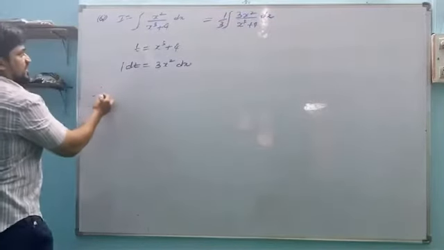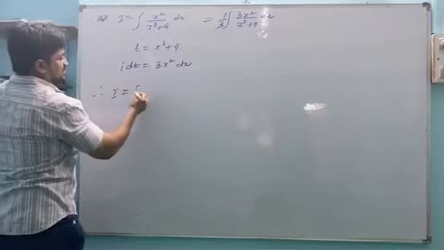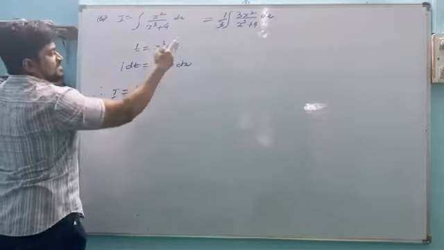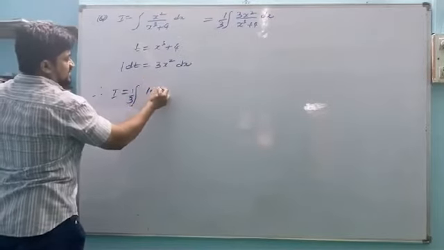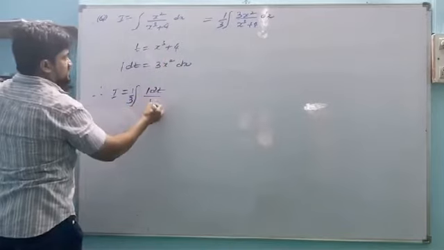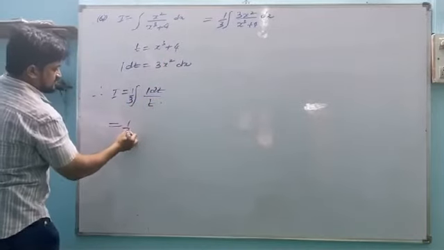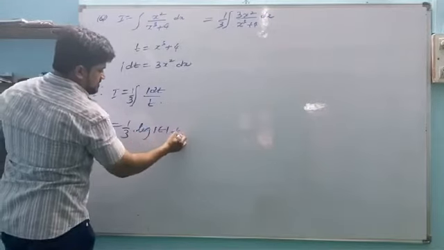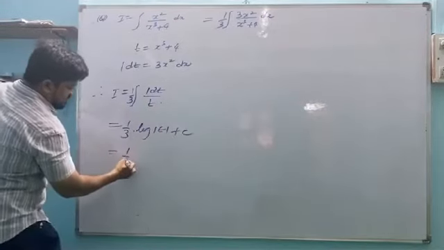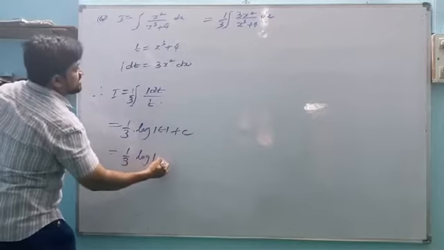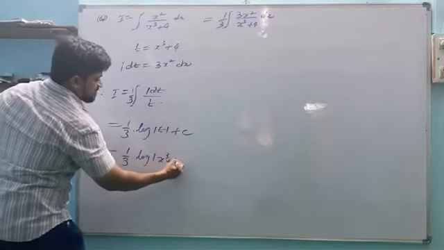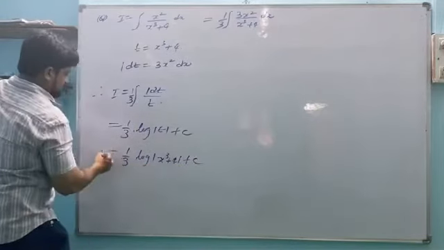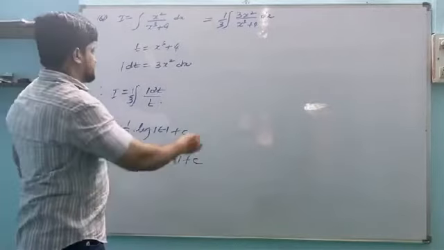Therefore I equals 1 by 3 integral, where 3x square dx is dt and the denominator is t. The integral of 1 by t is log mod t. So this will be 1 by 3 log modulus of t, where t is x cube plus 4. This is I.